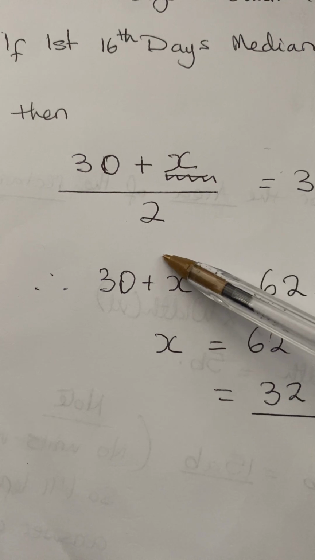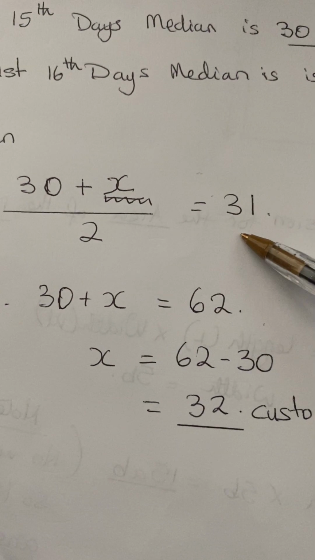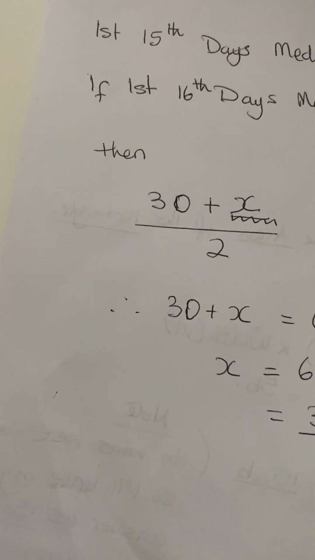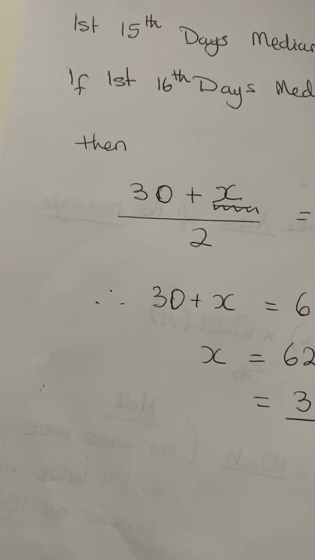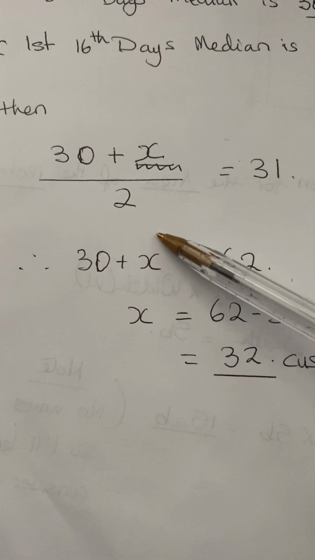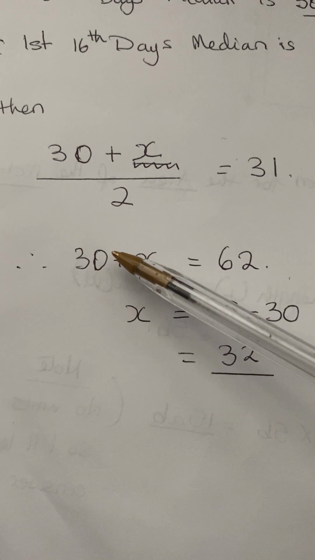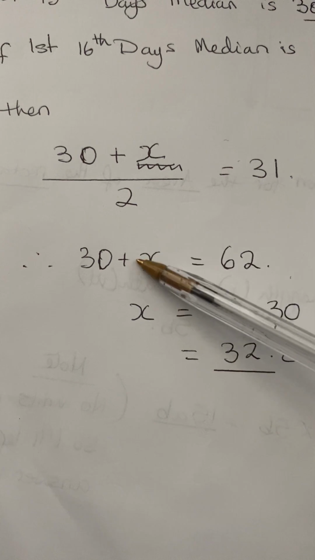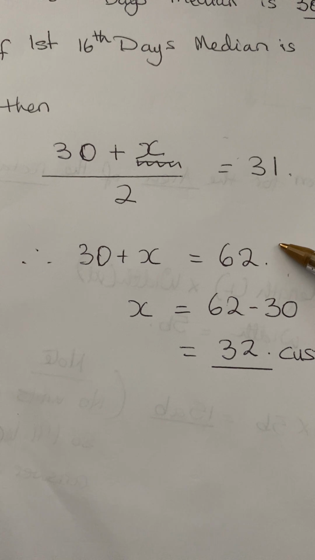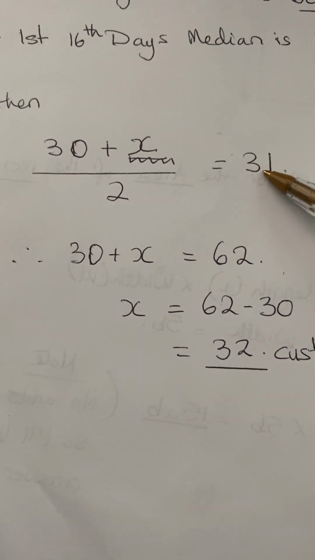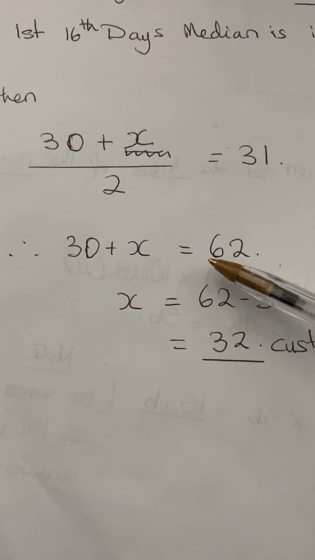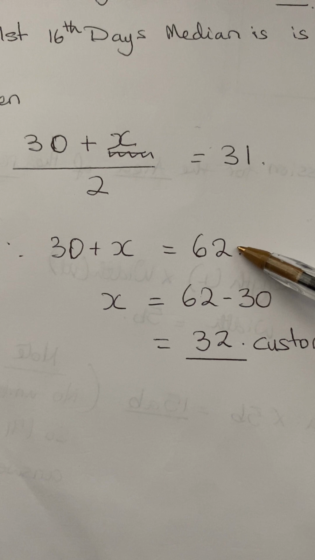You divide by 2, and that should be 31, because the median when you add the 16th day is 31. So 30 plus x, that will be the 8th day because you have two middle numbers, will be 62, because 2 will multiply 31 here. So 30 plus x will be equal to 62.